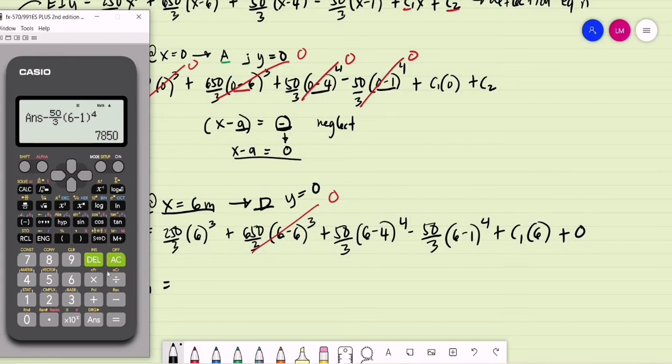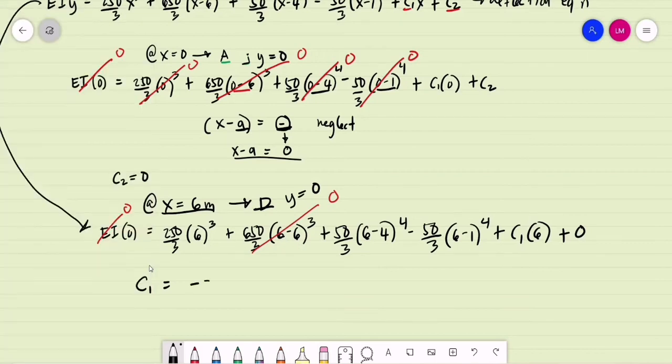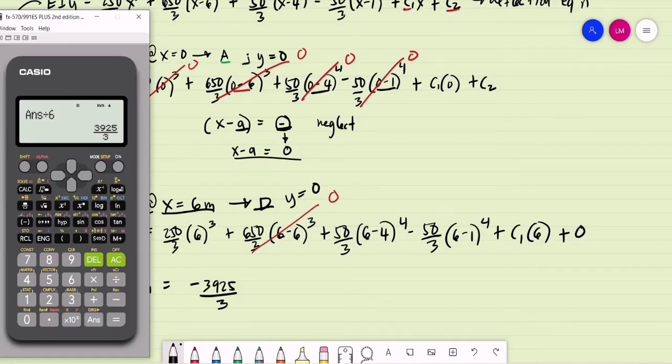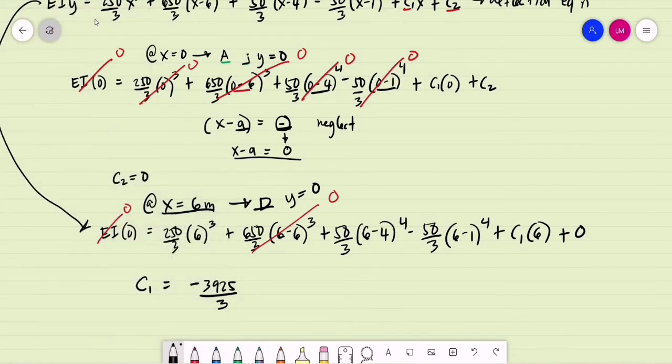That's 7,850 to be divided by 6, then transpose. It will give us a negative value. It should be negative 3,925 divided by 3. That is 3,925 over 3, and negative since we are to transpose that value. So we have now the value of C1.